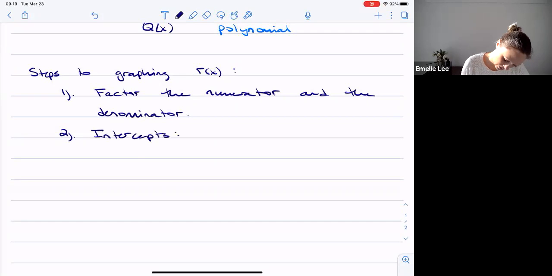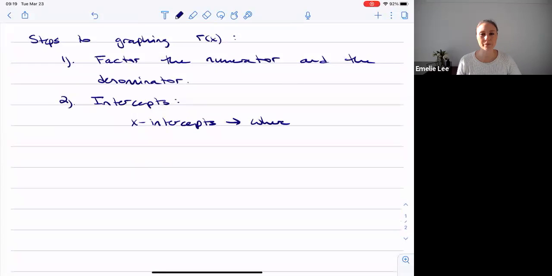The intercepts, well, you have your x-intercepts, and the x-intercept technically is where y is 0. But it's also where the numerator is 0. We talked about this last day, so I'm just going to mention it here, but if it's a little bit hazy because it was almost a week ago, Thursday, maybe go back and review from last day.